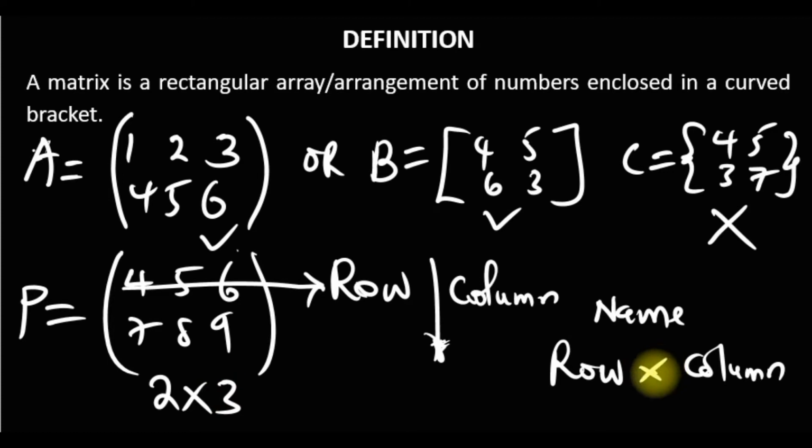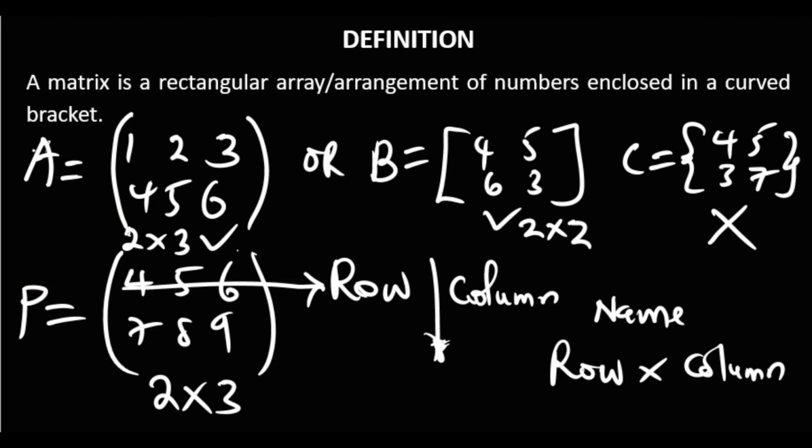That multiplication sign means by: a 2 by 3 matrix, meaning 2 rows and 3 columns. This one is 2 by 3, while this one is 2 by 2. So that's it. We name a matrix by row followed by column.